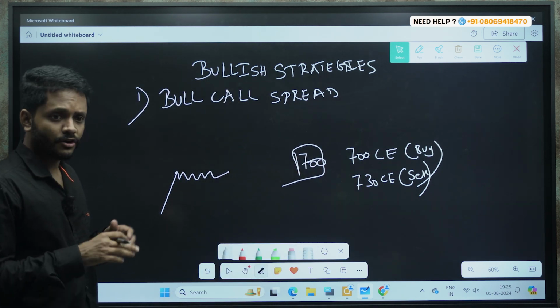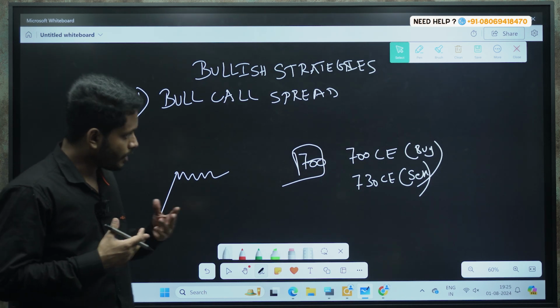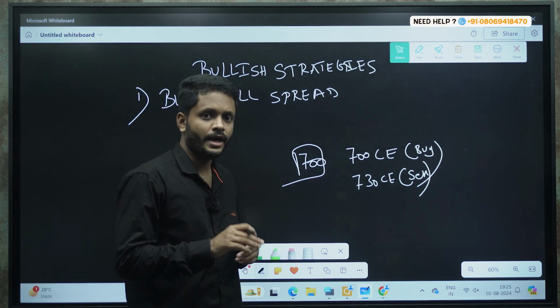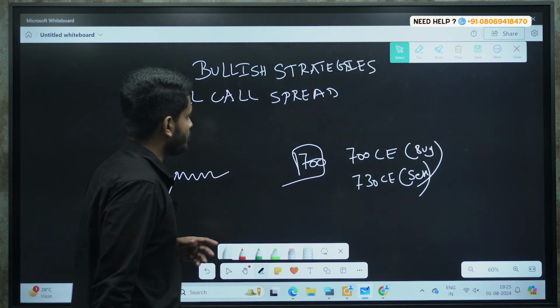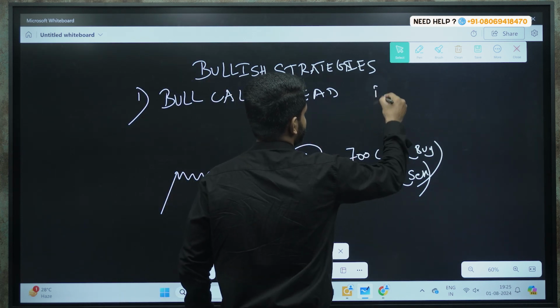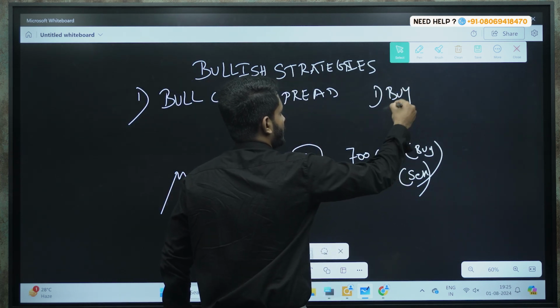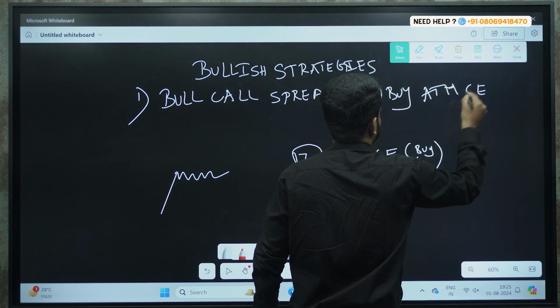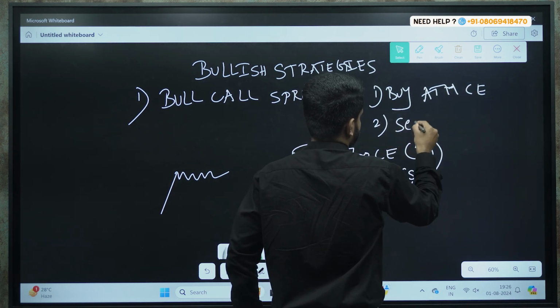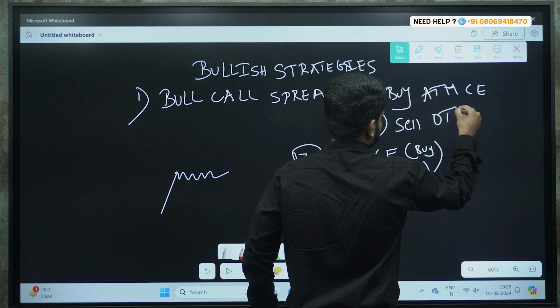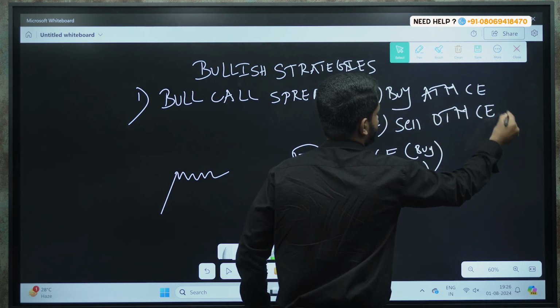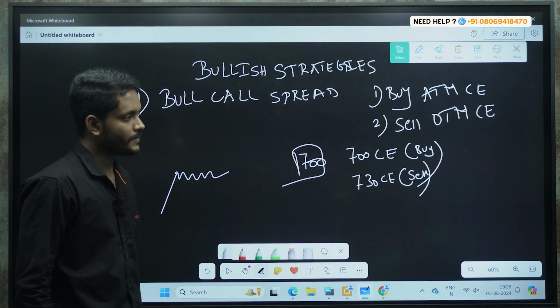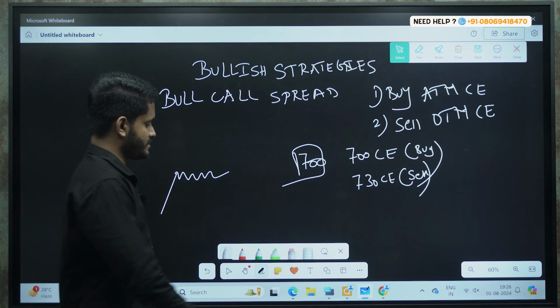Then instead of buying simply a call option, you can buy an ATM call and sell an OTM call. Simple, correct? So this is bull call spread.